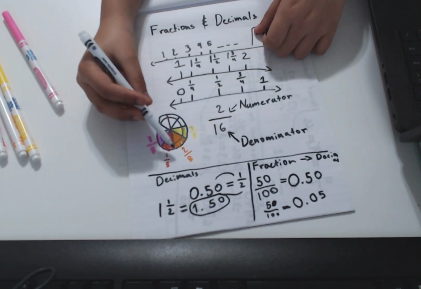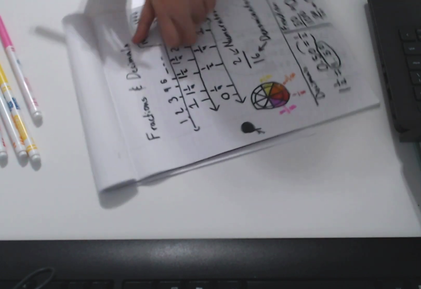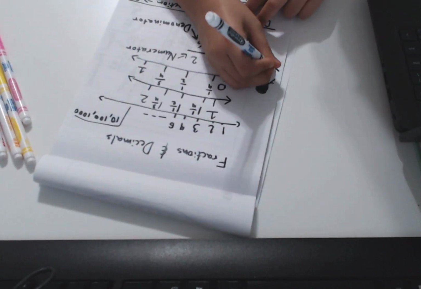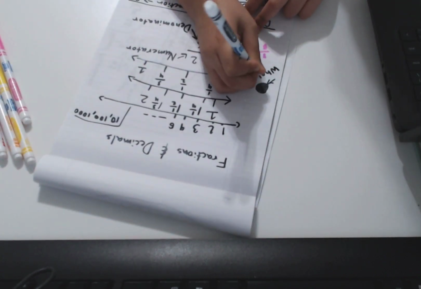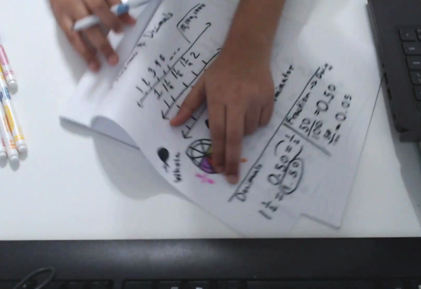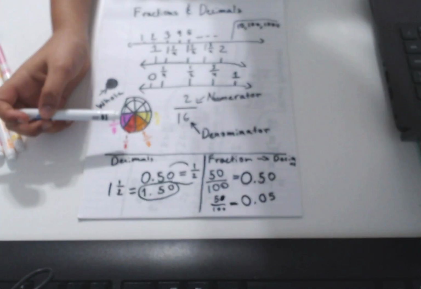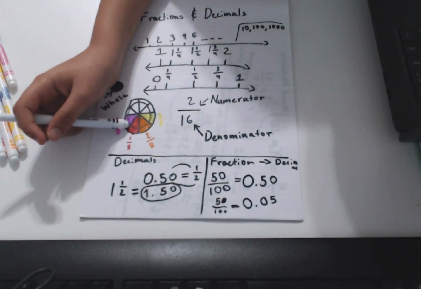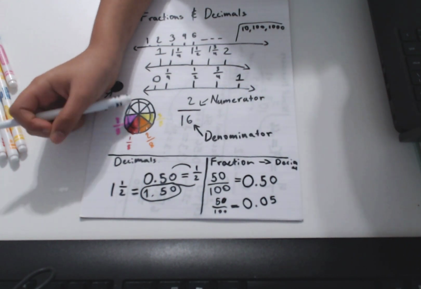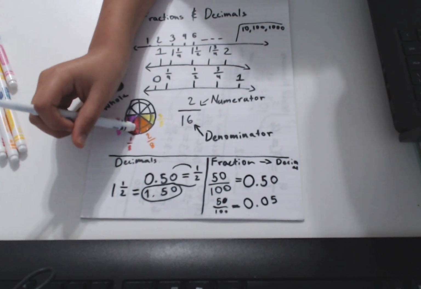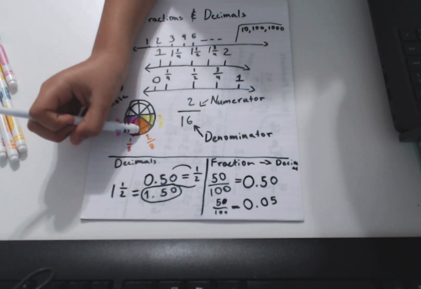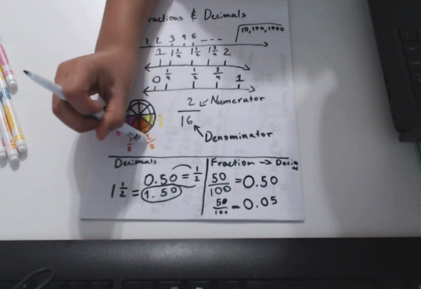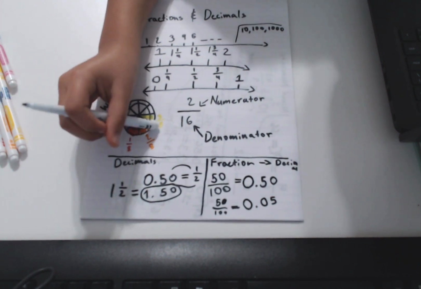So, now you have, wait, let me just write it. Okay. So, your friend now eats 1/8. This is 1/8. If you add that with this, you'll get 2/8. Add that with this, you get 3/8.